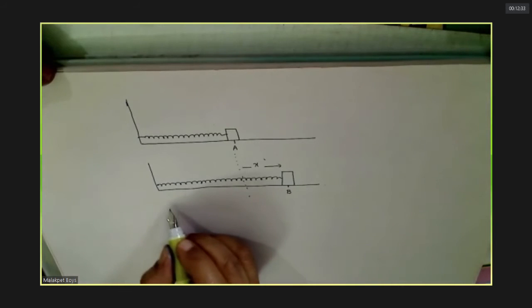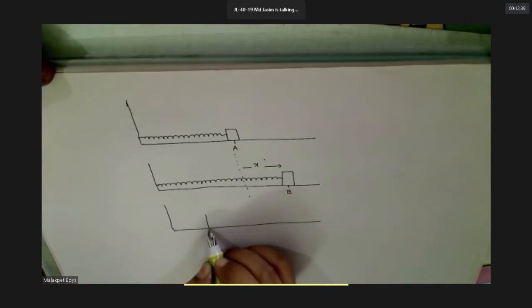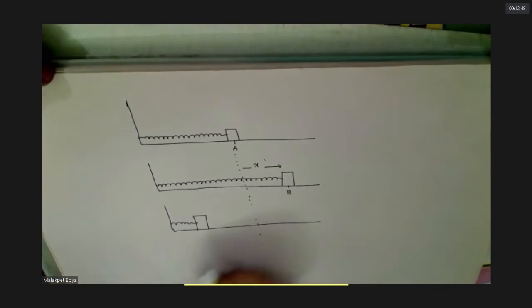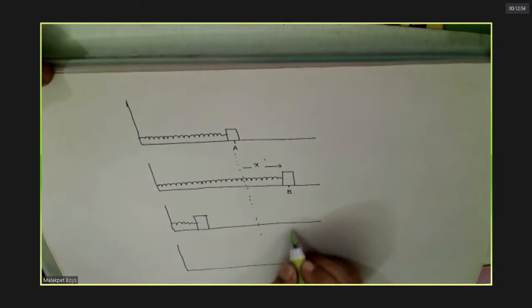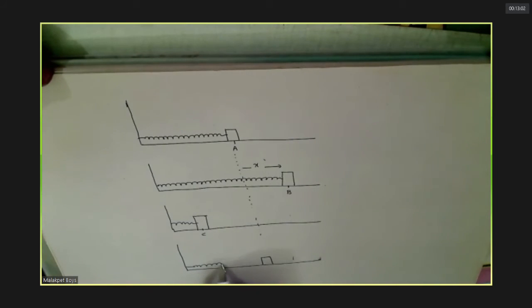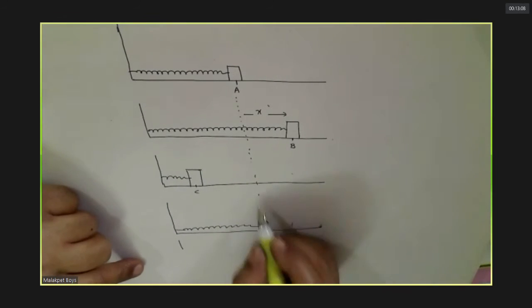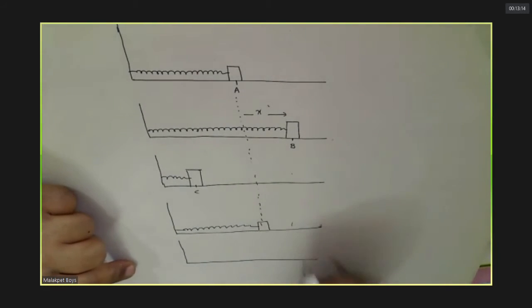Now, if you leave it, what will happen? Can you tell? Acceleration. The block will come this side. The spring will pull, no? Again the block will come to this position. Following or not? Again the block goes to the extreme position.